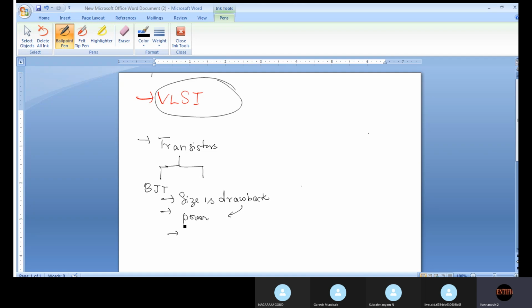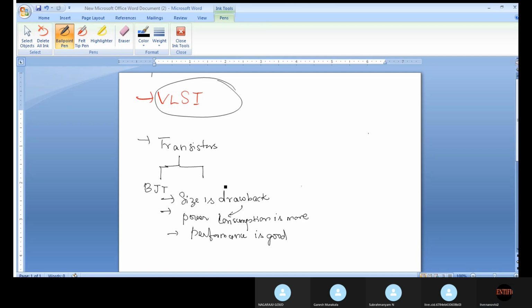Size, power: power consumption will be more, and power dissipation also will be more. But in terms of speed, they consume more power, and if we talk about speed, performance is very good. Performance wise, very good.